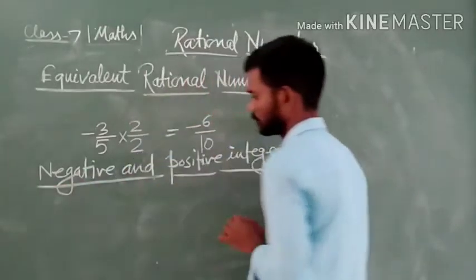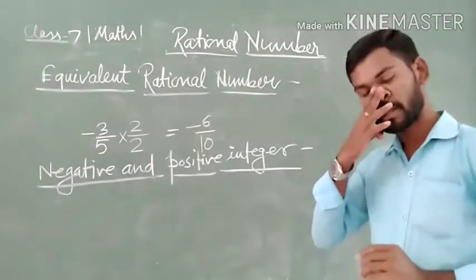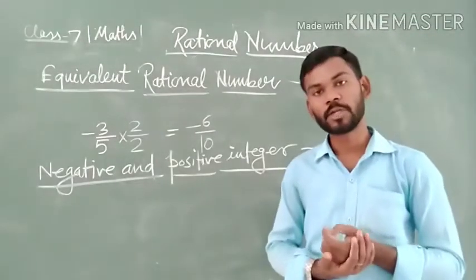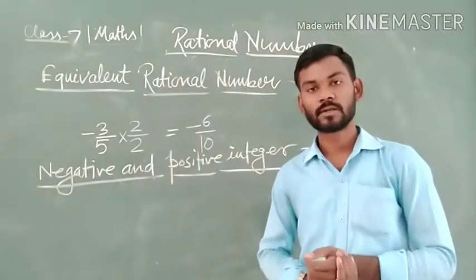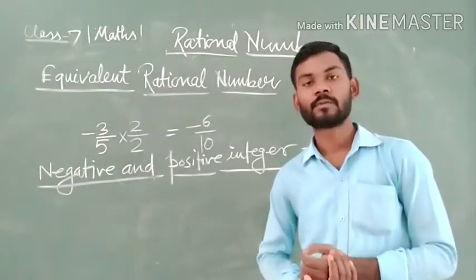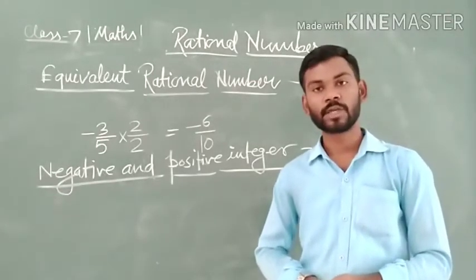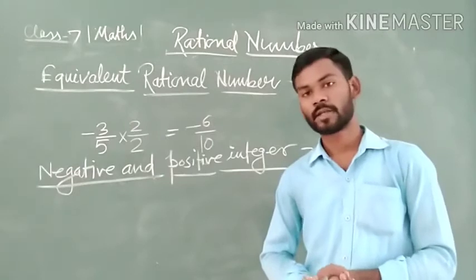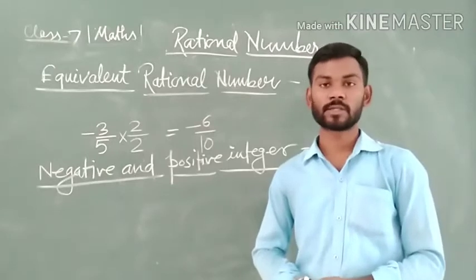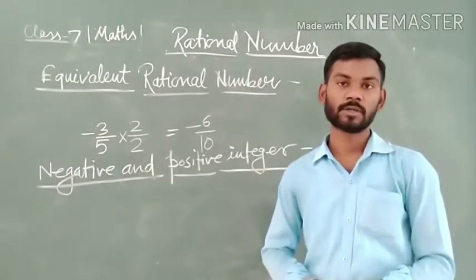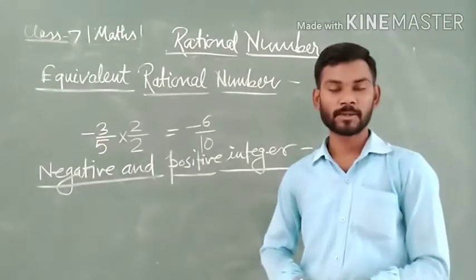Since we know that in a rational number, the numerator and denominator belong to the set of integers, and the set of integers possesses negative integers, positive integers, including 0. And also we know that 0 is neither positive nor negative. Therefore, except for the 0 rational number, every rational number is either a positive rational number or a negative rational number.